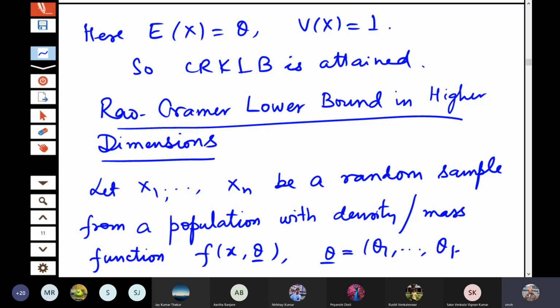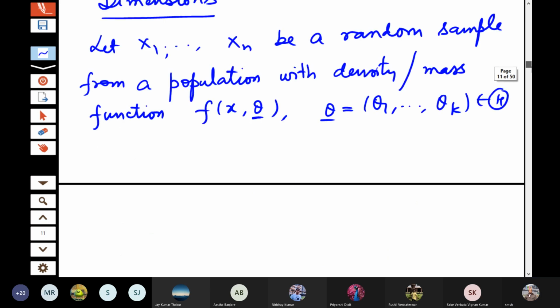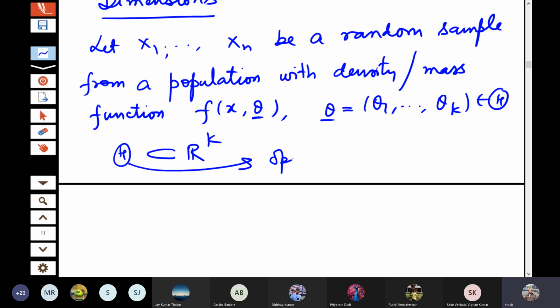Suppose it is a k-dimensional parameter. Theta is of course a subset of k-dimensional space. In one dimension I considered that theta should be an interval, because we need some differentiability conditions. So in k dimensions it should be an open ball in R^k.